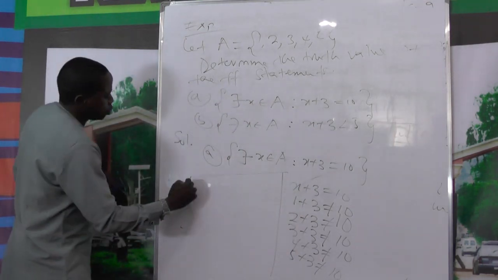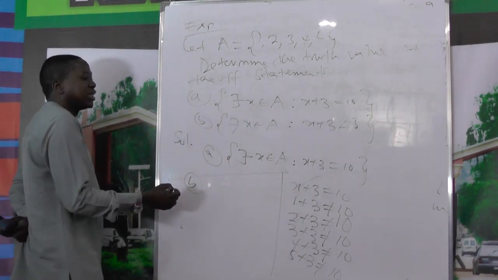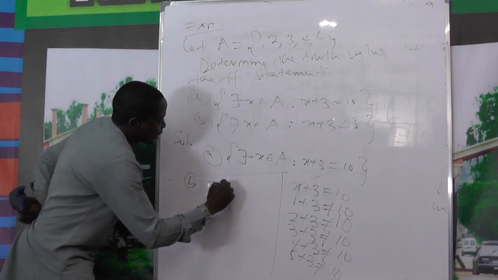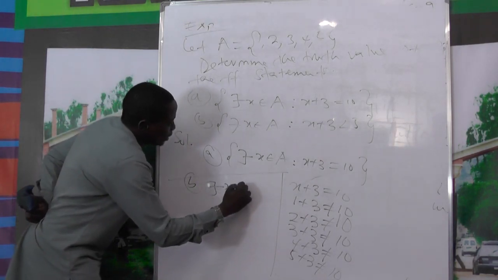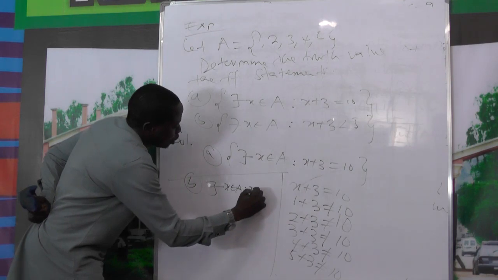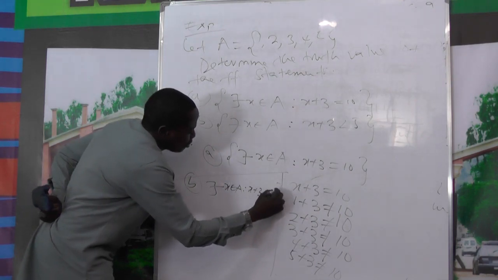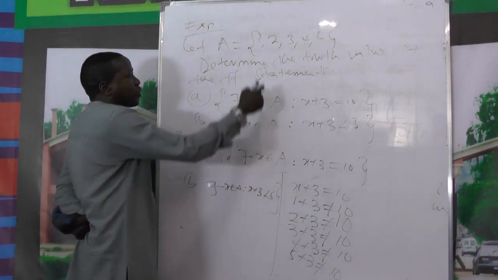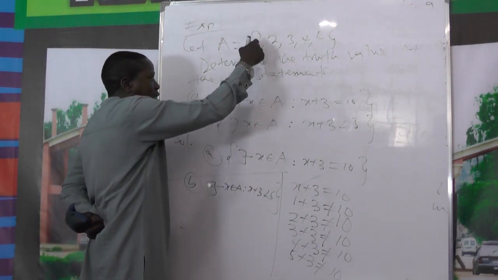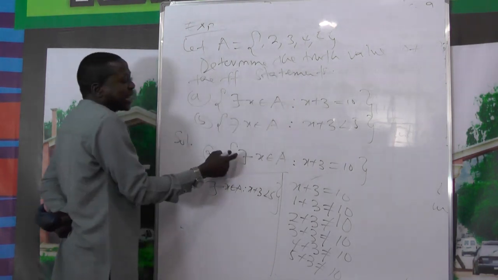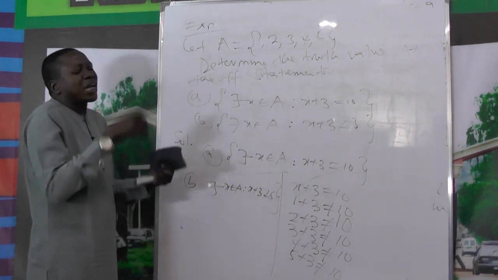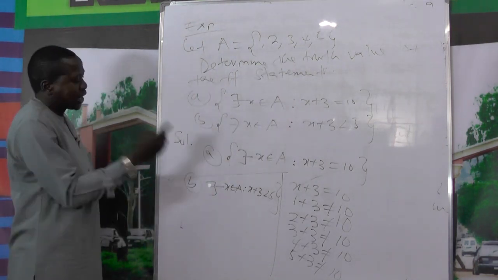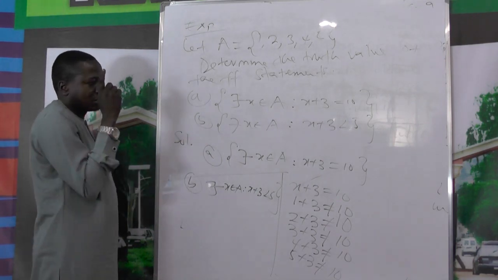Example number 2, number B. It says there exists x in A such that x plus 3 is less than 5. Like I told you earlier, we are taking our x from this set. It can be 1, it can be 2, it can be 3. And for this "there exists", just make sure you get at least 1.